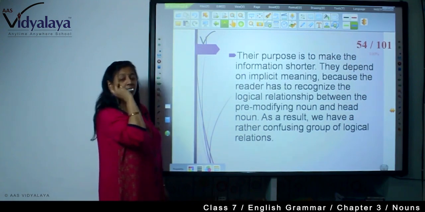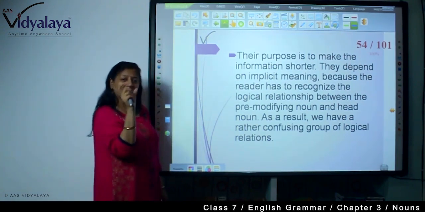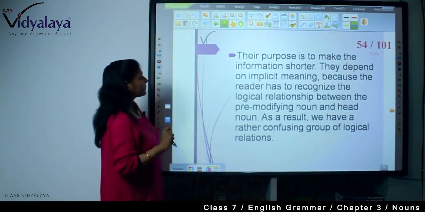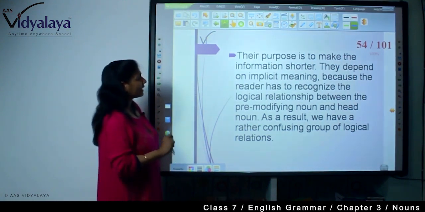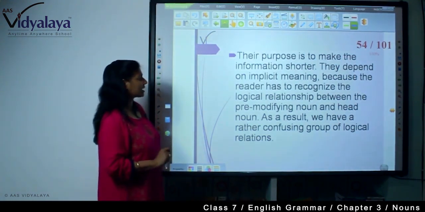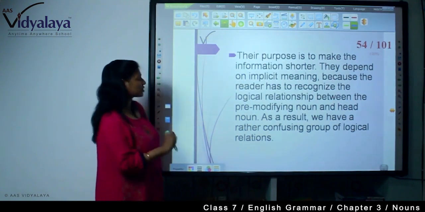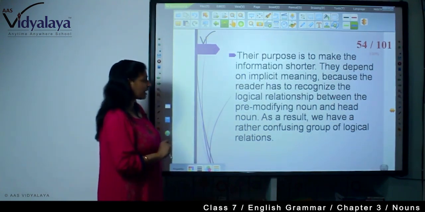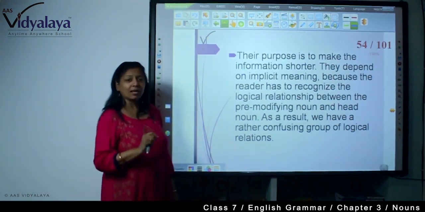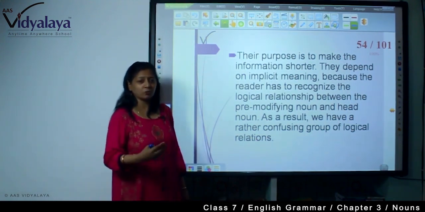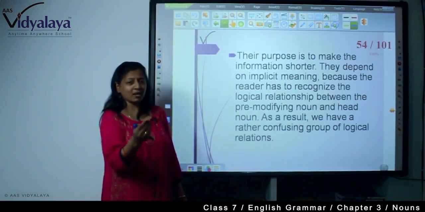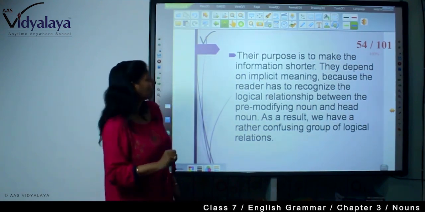Now, their purpose is to make the information shorter. So, what is the purpose of a pre-modifier? It makes the information shorter. They depend on implicit meaning because the reader has to recognize the logical relationship between the pre-modifying noun and the head noun. Sometimes we get confused. Which one is the pre-modifying noun? Which one is the head noun?